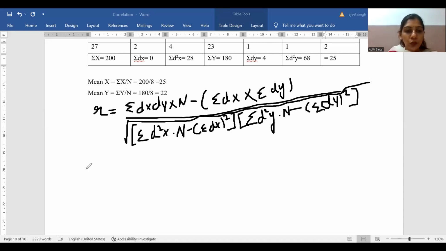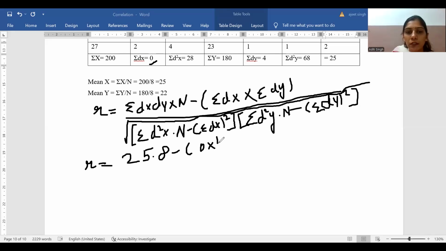So now let's put all the values in their places. So the value of sum of dx dy is 25, multiply by n. The value of n is 8, minus bracket, sum of dx is 0, multiply by sum of dy.